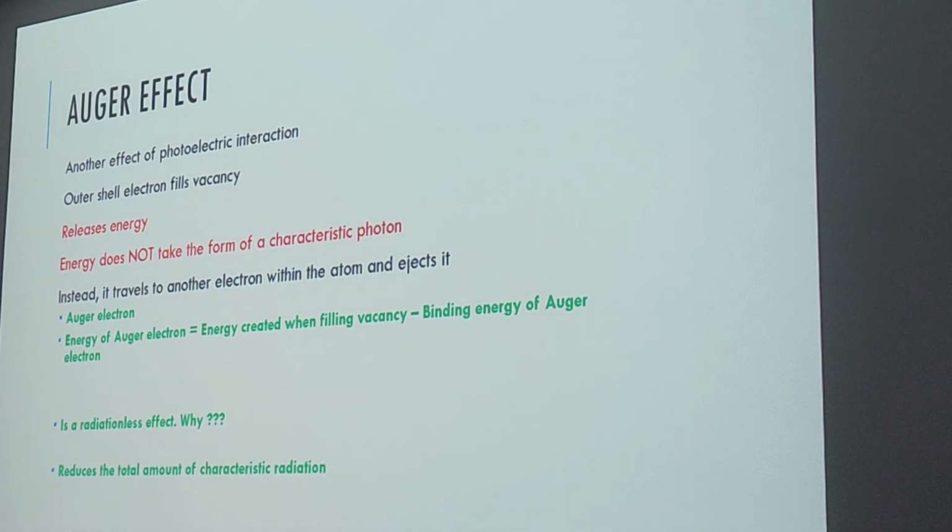Is that going to cause a cascade again? I don't know. It's not the inner shell electron. That energy interacts with another electron within the same atom.